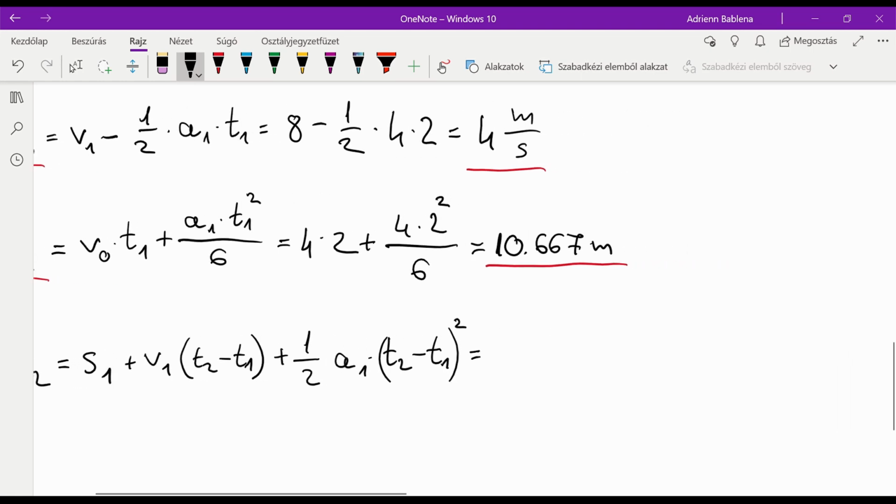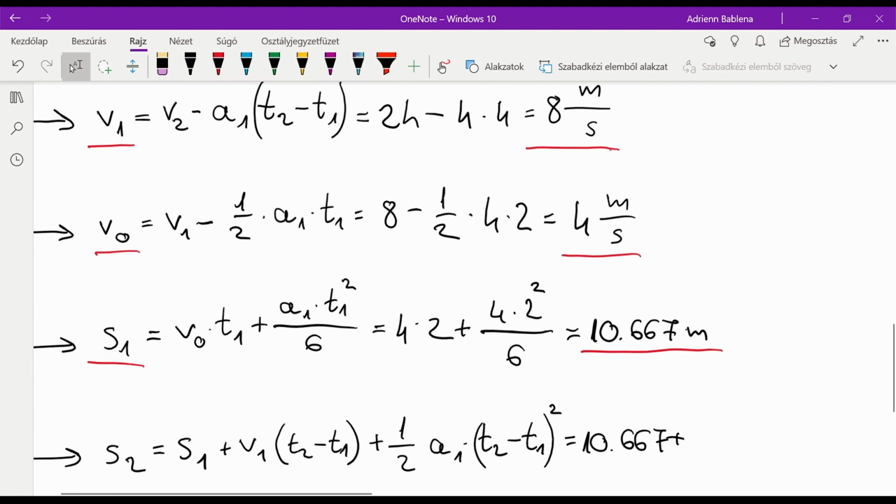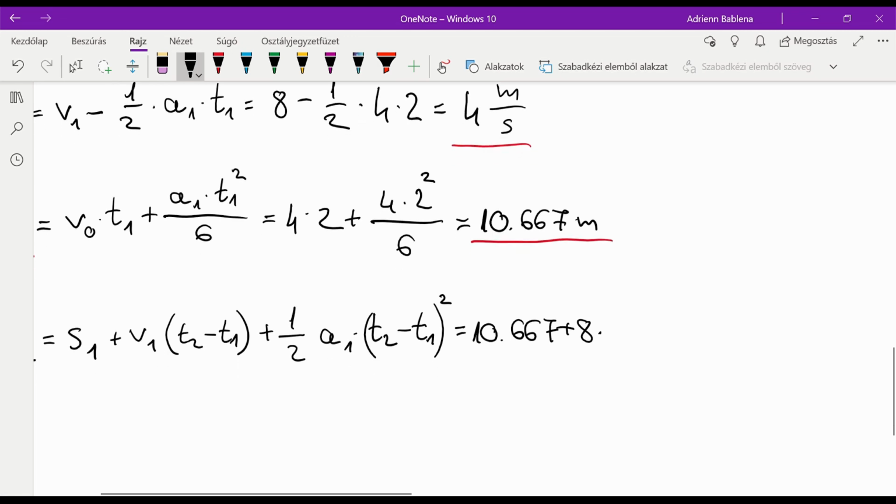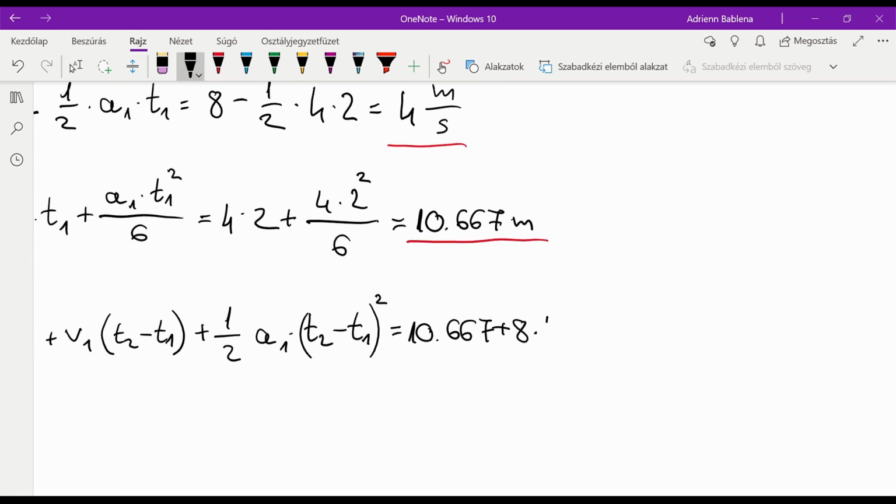Now we know S1, 10.667, plus V1, it was 8, times T2 minus T1 is 6 minus 2, it's 4, plus 1 over 2 times A1 is 4, times 6 minus 2 is 4 again, squared.